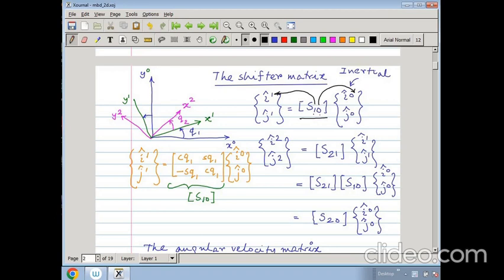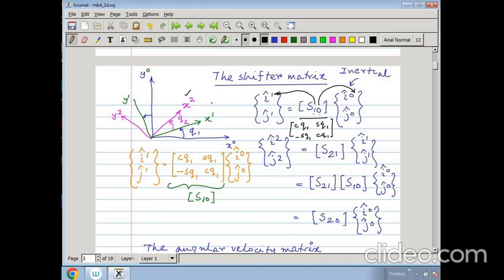So this is between the x1 y1 coordinate system and x0 y0 coordinate system. And as you know, this has got cos q1 because this angle is q1 between x1 and x0. So cos q1, sin q1, minus sin q1, cos q1.